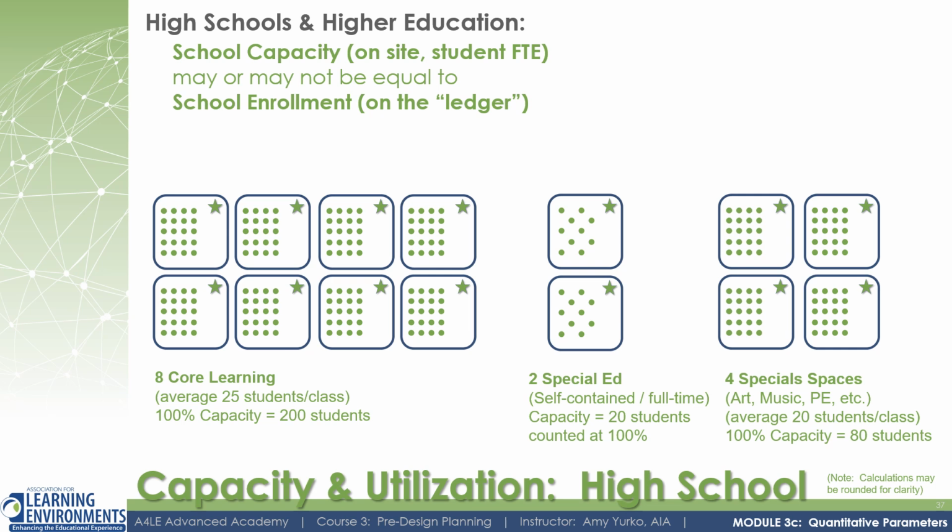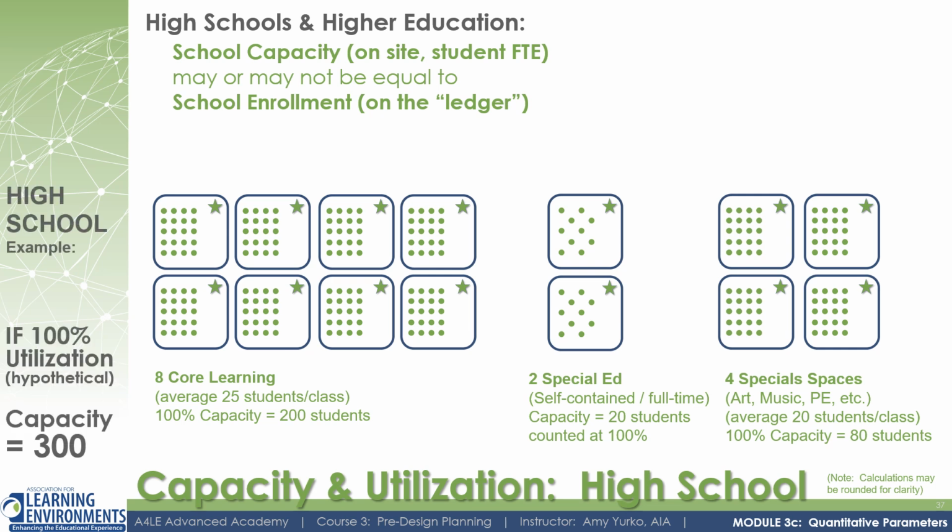Now, using a high school example, and this is very similar to higher ed, we take the same types of spaces. Higher ed may not have special needs, but they may have classes that are smaller, so you could pay attention to those classes there.